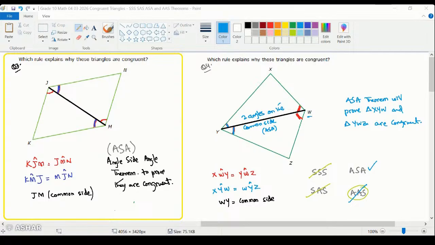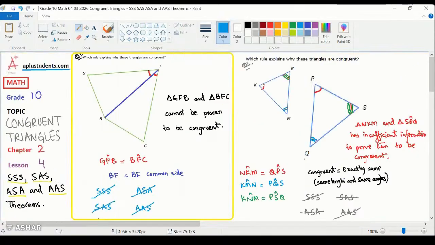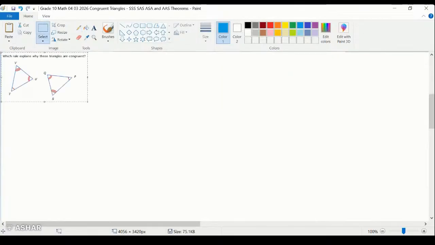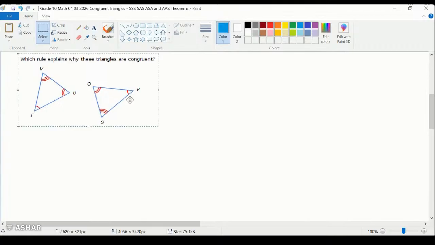Another example says, which rule explains that these two triangles are congruent? Question number 5. If these two triangles were given to us, we know that this angle equals this angle.